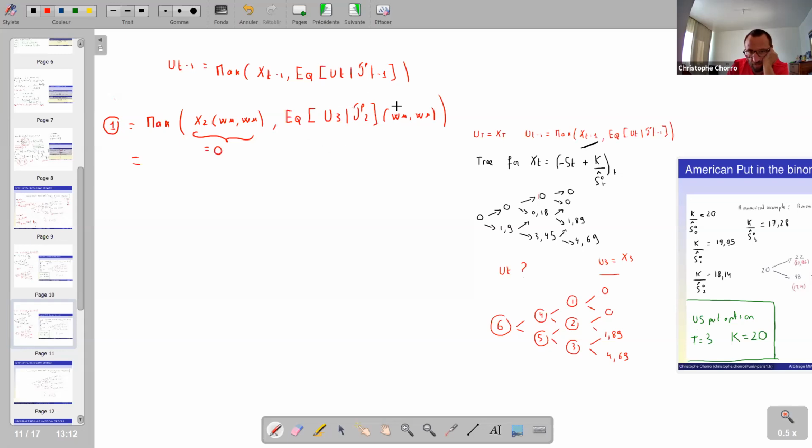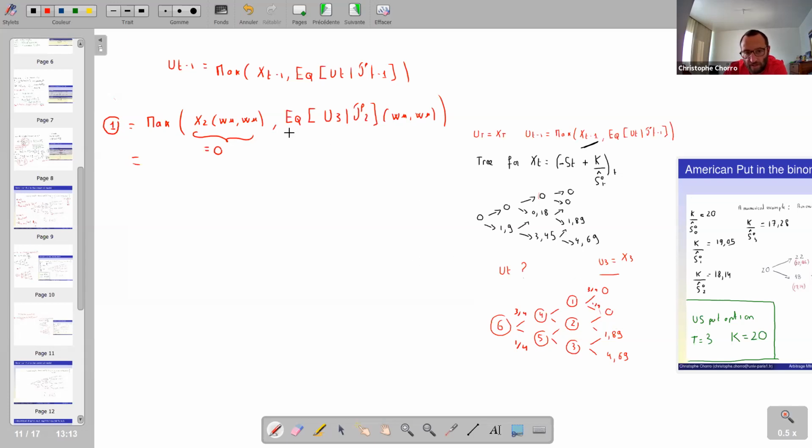And what is this conditional expectation here? It's the conditional expectation under Q of something that has a value 0 times 3. So keep in mind that for Q, I have 3 over 4 here, 1 over 4 here, and so on, as a probability.